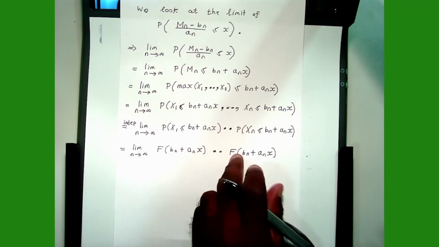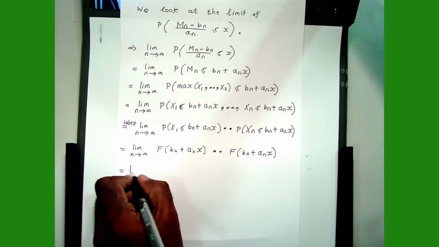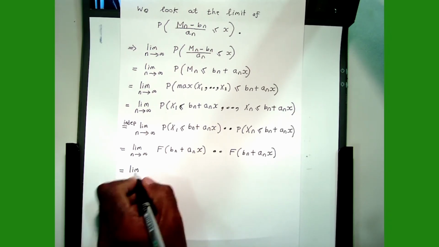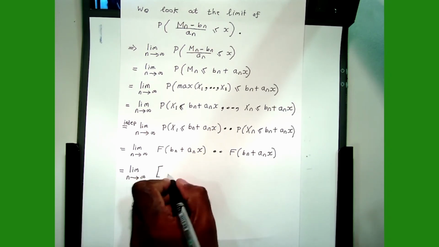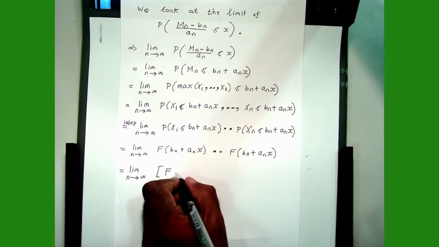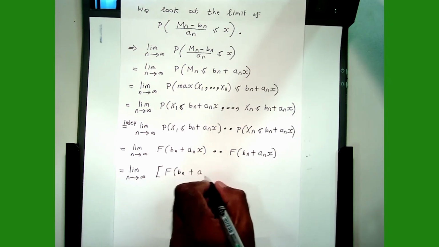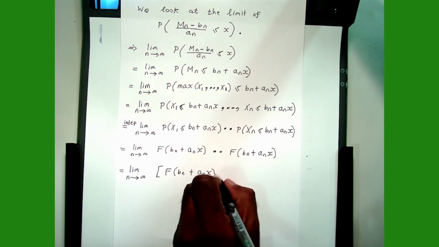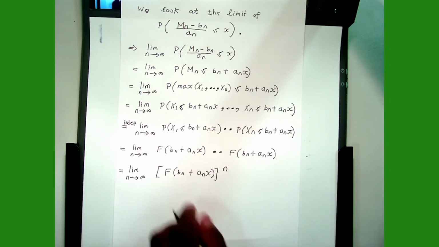Now each of these quantities is the same, so what you have is the limit as n goes to infinity of F at Bn plus An x, raised to power n.